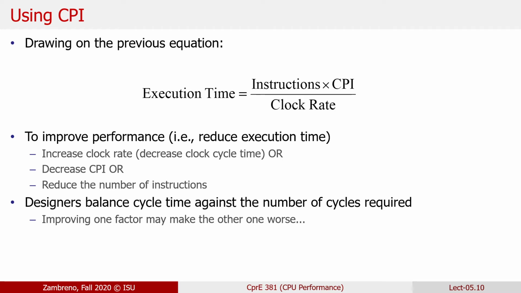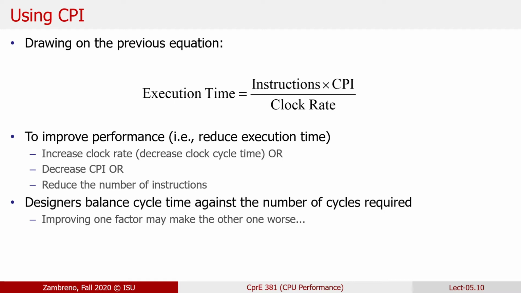The example we already saw but didn't mention as such is that we wanted to split up our critical path. And why do we want to split up our critical path? Well, because we wanted to reduce our critical path. That would be one way to increase our clock rate. That should improve performance. But in splitting up our critical path, we've made our CPI potentially worse.